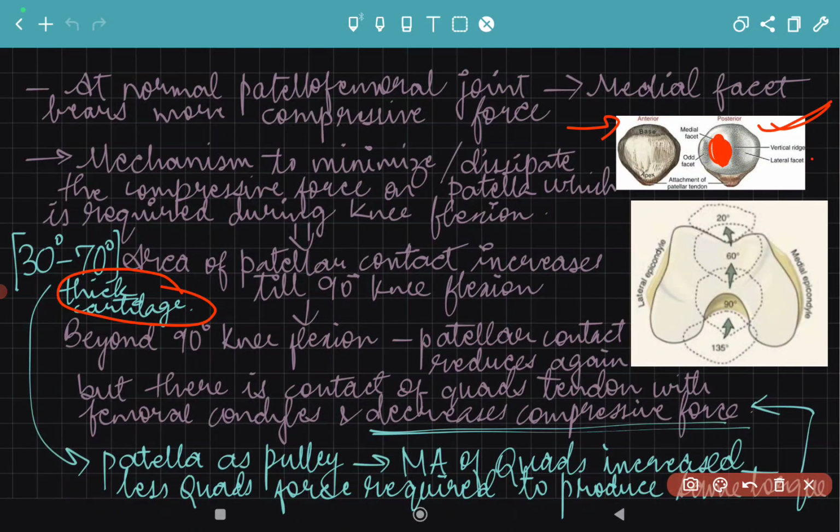So deficiency of that cartilage over here will also cause problems, which may be discussed in an upcoming series or upcoming season. But here we came to know that the role of this thick cartilage is also important, as it helps to dissipate some amount of compressive force, which if absent may cause problems, as in the presenting condition named chondromalacia patella.